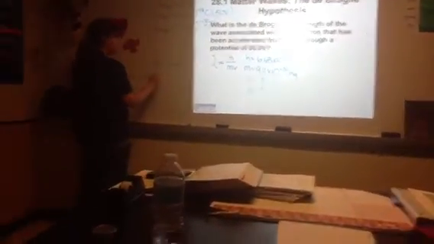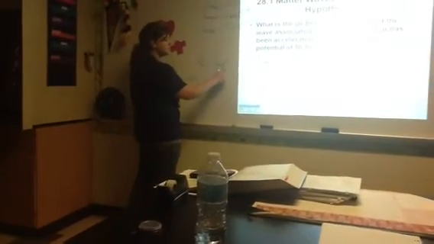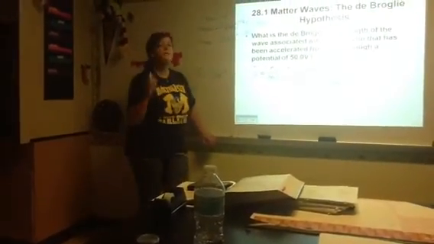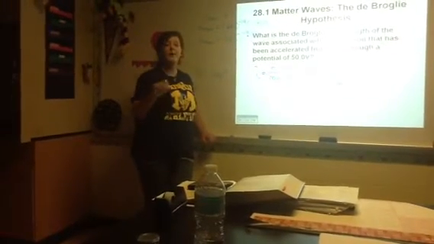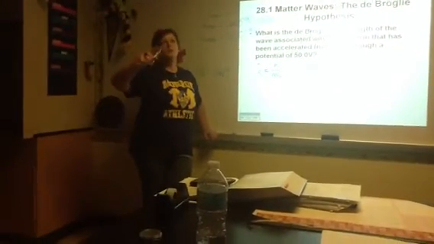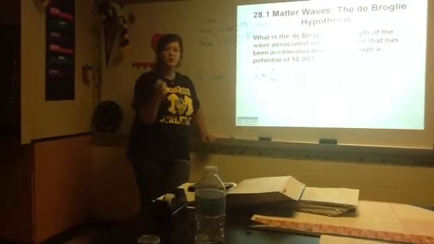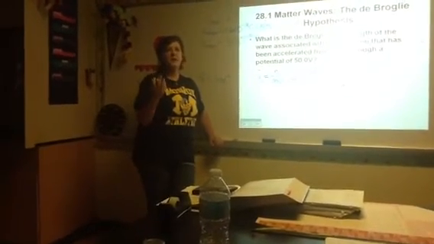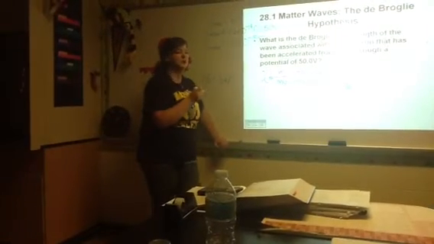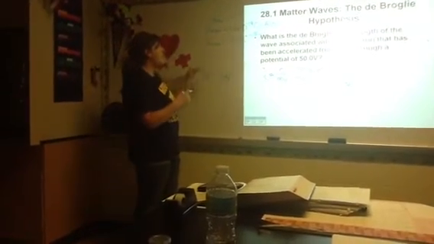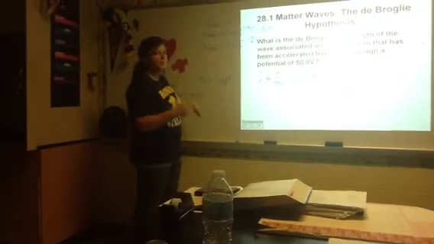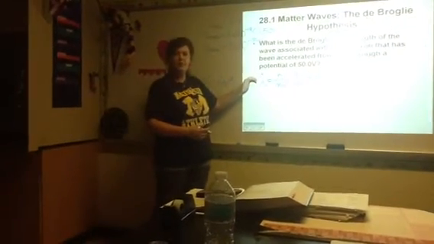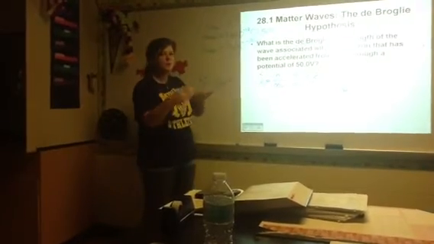So let's find our velocity, because once we find that, I can find my wavelength. This is a very long problem that incorporates tons of chapters into one problem. I think this would be a good example of a free response question where they would have part A, find the kinetic energy, part B, find the velocity, part C, find the de Broglie wavelength, and walk you through it step by step.